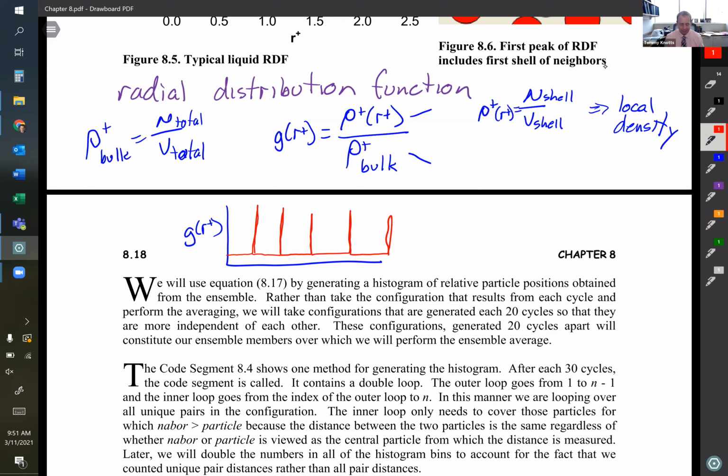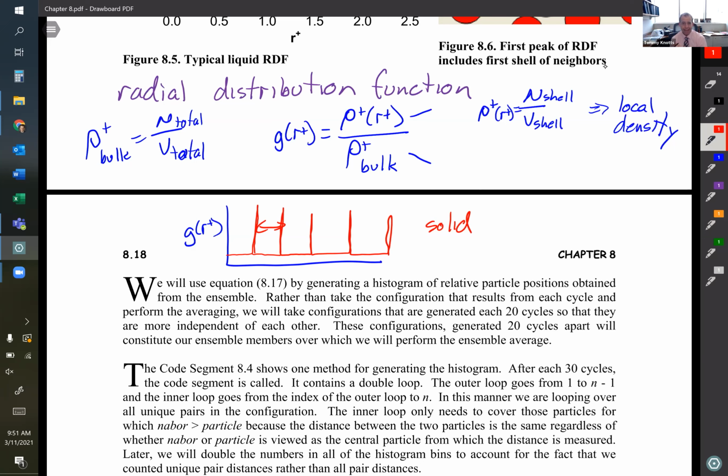So for a solid, my radial distribution function limits out to a bunch of delta functions separated by the lattice constant of whatever sample you have. Think back to your materials class, BCC, FCC, all those crystal lattices. That's what it would look like.